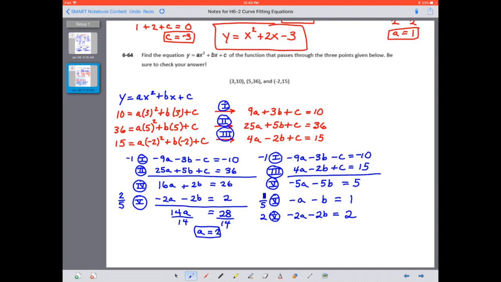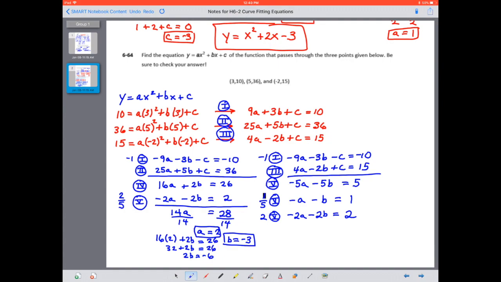So I'll just do that right here. So 16 times 2 plus 2b equals 26. That's 32 plus 2b. So 2b equals negative 6 after you subtract. And b would equal negative 3.